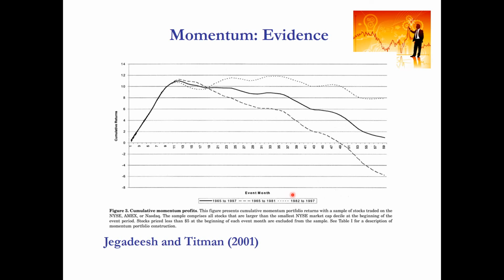We see the momentum phenomenon, winners outperform losers for a period, you can see for a period up to a year for different momentum strategies. However, as we continue to hold the portfolio, we consistently see across all different periods evidence of mean reversion. That is, the returns of winners actually underperform the losers from about 12 months onwards.